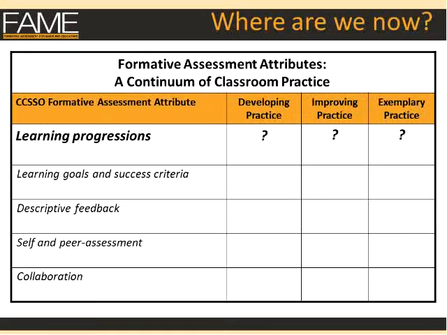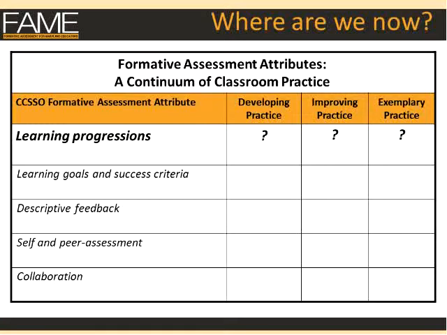So take a minute to quietly reflect on the descriptors of practice related to the attribute of learning progression, and consider the following. Given what you know now, what level of practice would best describe your school with regard to development and use of learning progressions? This should be a ballpark response based on current knowledge and perception.